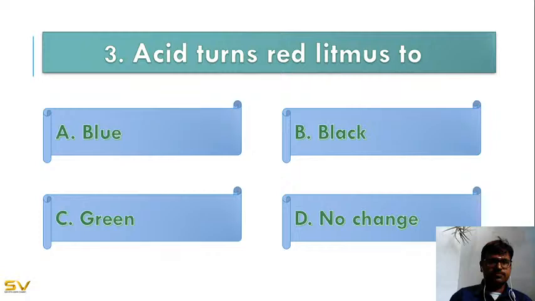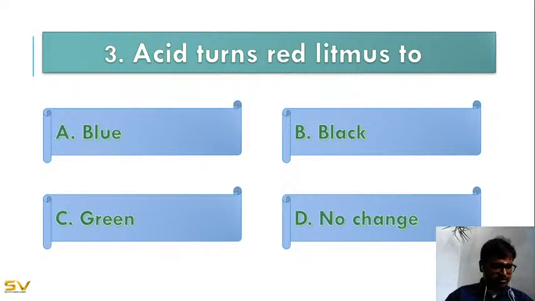So next, acid turns red litmus to. Maybe without seeing the options, you can tell the answers. Yes, Harshavardhan, option A. See the answer and the options and post it. No problem. Yes, it's A. Option A from Rana Pratap.